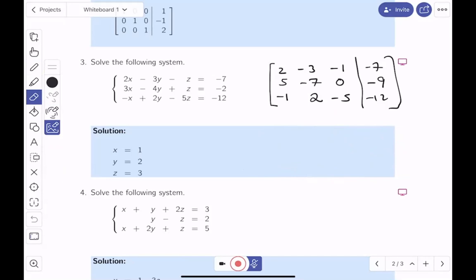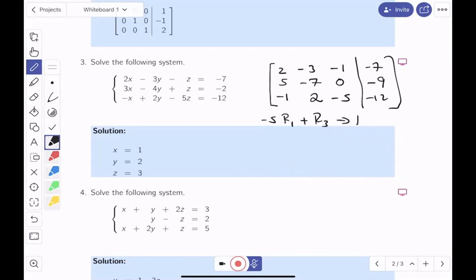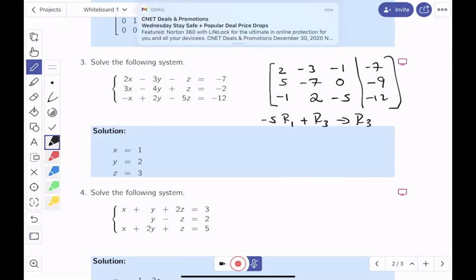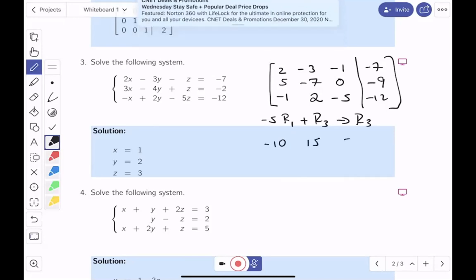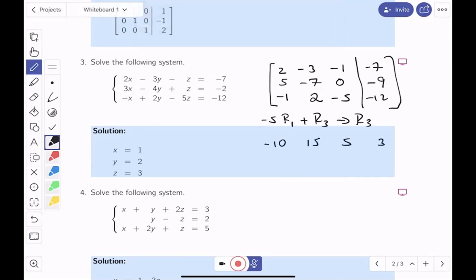And I am going to say -5, row 1, plus row 3, give it to row 3. I want to get a 0, by the way. Let's take a look at this. You would get -10, 15, 5, 35.